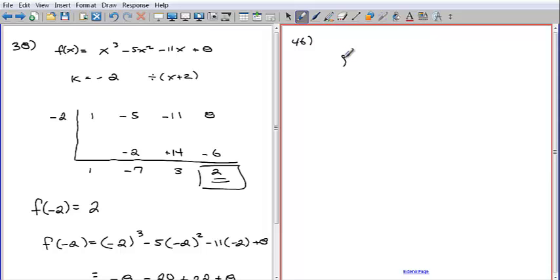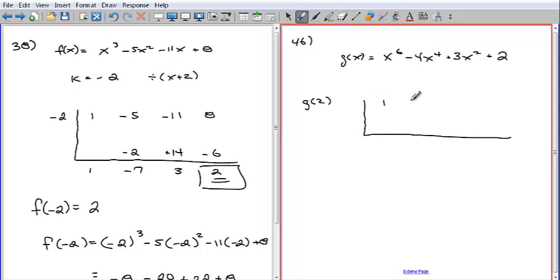So g of x equals x to the 6th minus 4x to the 4th plus 3x squared plus 2. And they want to evaluate g of 2. So what we do is we use synthetic division.